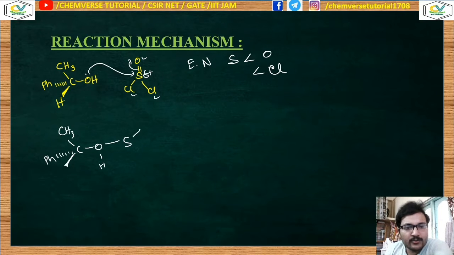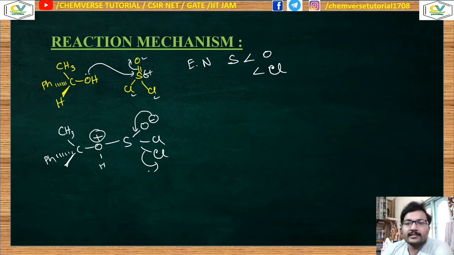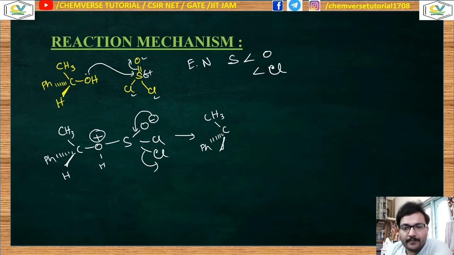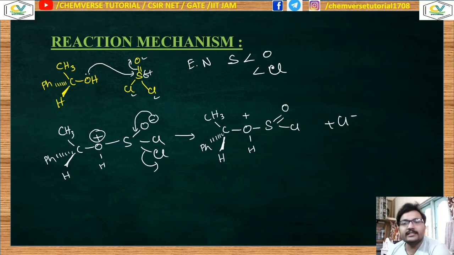Now we have SO minus, Cl and Cl, and over here there will be a positive charge. It will come back to remove one Cl minus from the system. As a result you will get this kind of molecule, where OH plus, S double bond O, Cl, and there will be a Cl minus.